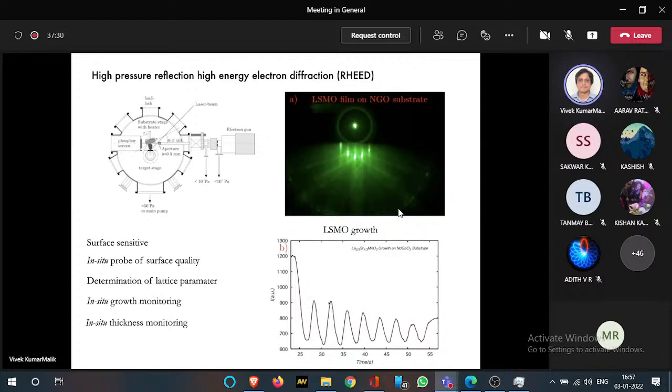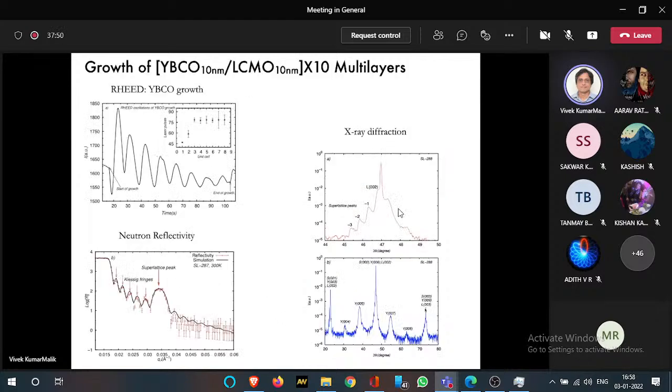So you can in situ monitor the thickness, you can in situ monitor the roughness, you can in situ control the growth, whether you want to grow 3 unit cells, 4 unit cells, 3 layers, 4 layers, 5 layers. So all these things can be measured over here, also in this electron diffraction phenomenon.